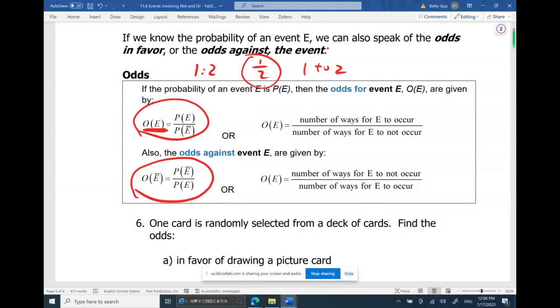And the odds against event A occurring is the reciprocal of the odds favoring event A occurring. Once we start to process the examples, you can understand how we find the odds favoring an event, and how we find the odds against an event occurring very quickly.